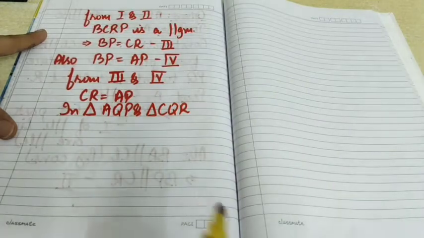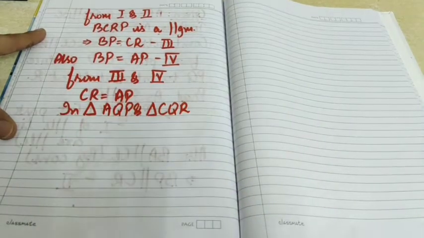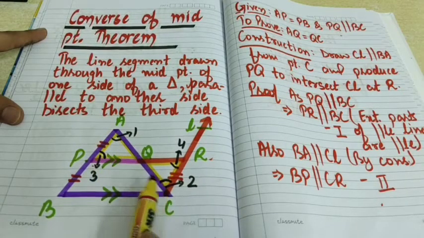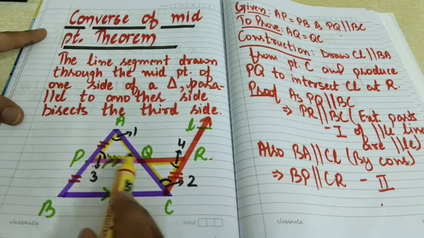So here we mention in triangle AQP and triangle CQR, angle 1 equals angle 2, AP equals CR, and angle 3 equals angle 4.